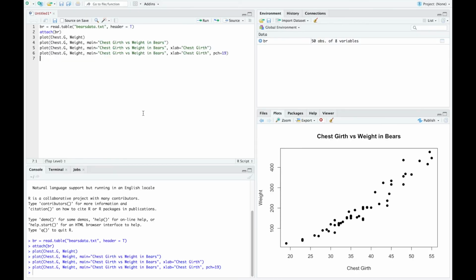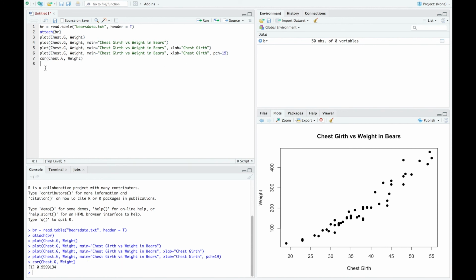Here, I still have my data from my bears. And I can use this command cor, and then put my x and my y variables, chest.g and weight, and it will give me my correlation coefficient, in this case 0.9599134. That's very close to 1, which tells me this is a very strong correlation. And in addition, it is a positive number, so that tells me that this is a positive correlation.